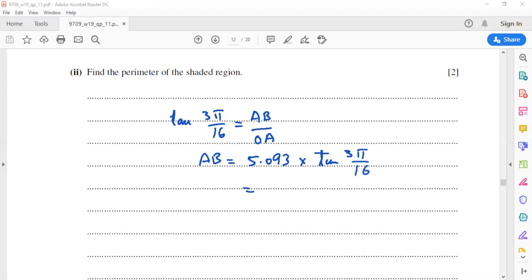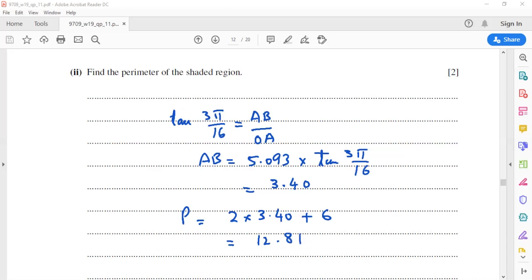If you simplify this, we get the value of AB as 3.40. Now the perimeter of the whole region is going to be 2 times 3.40 plus the arc length, which was 6, and it takes us to 12.81.